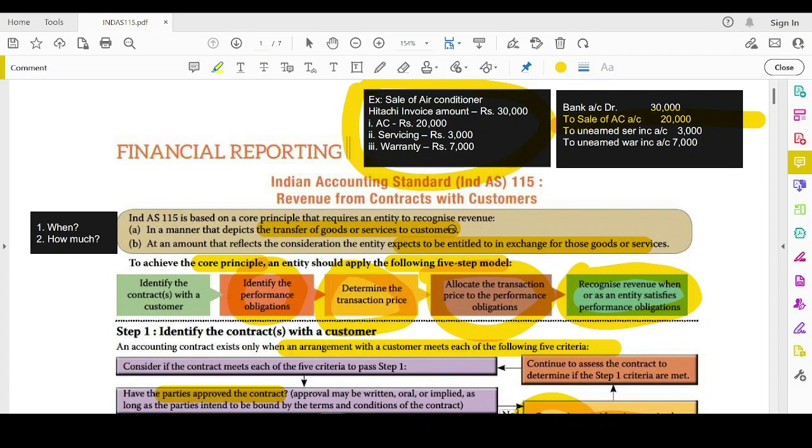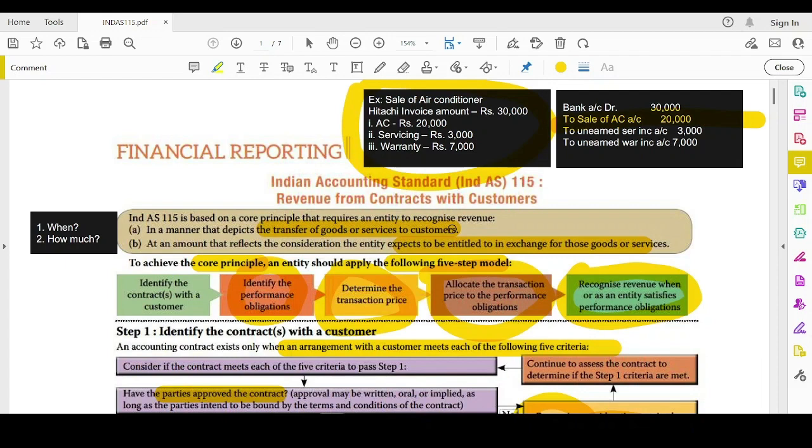Both these unearned service and warranty incomes are similar to the concept of income received in advance, which we had in our earlier accounting standards, right? Income received in advance is kept as a liability in the balance sheet until the corresponding revenue is recognized. So at the end of the first year, when the servicing is done or the warranty is claimed or completed, the corresponding portion of that service and warranty income will be transferred to revenue.